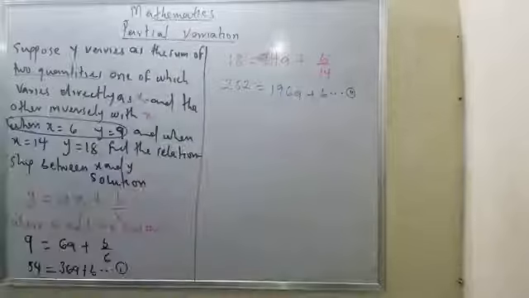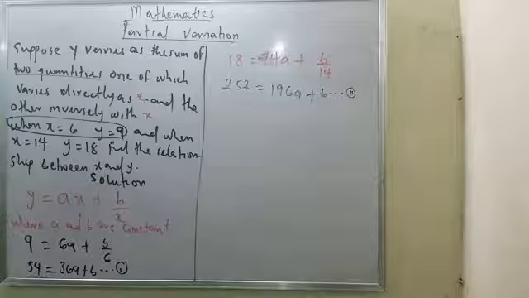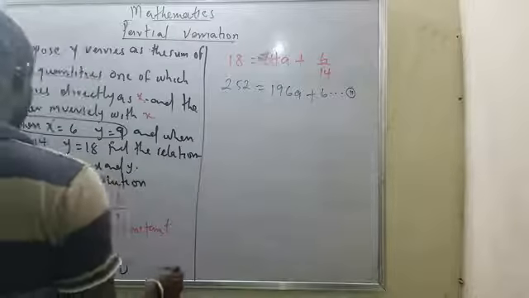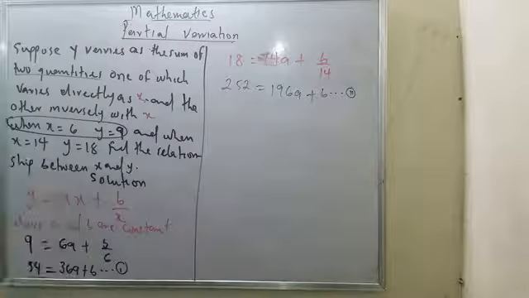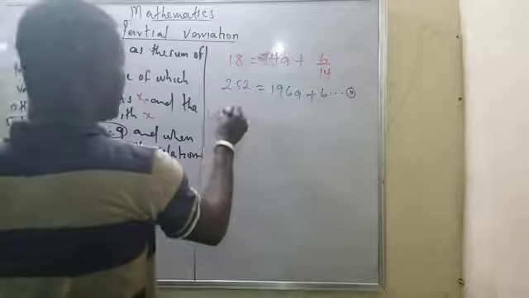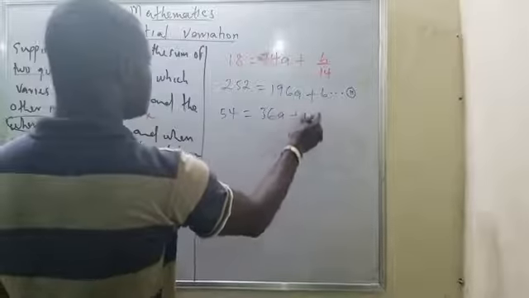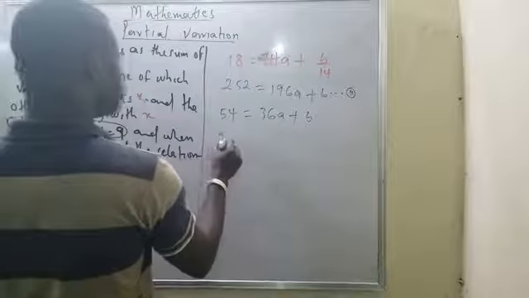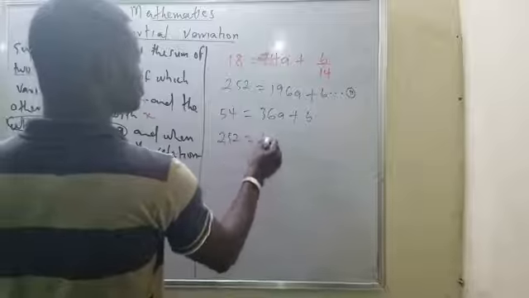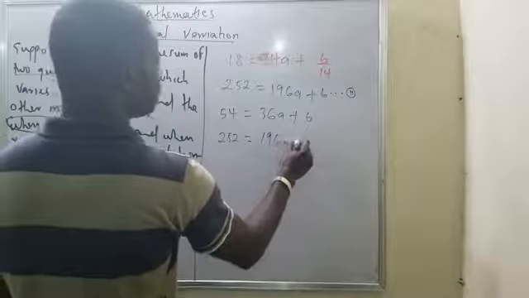Now, since I have this, I can solve for a and b using the elimination method. With the help of my elimination method, 54 equals 36a plus b, and 252 equals 96a plus b.